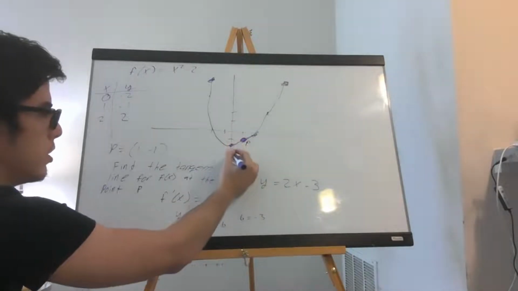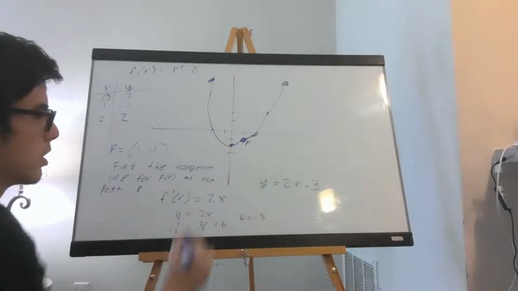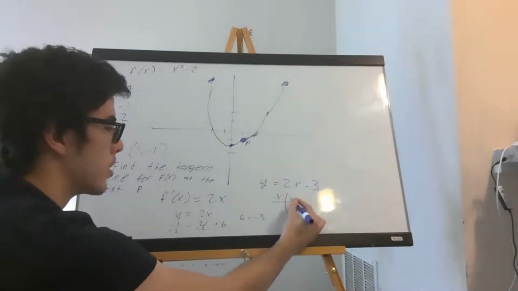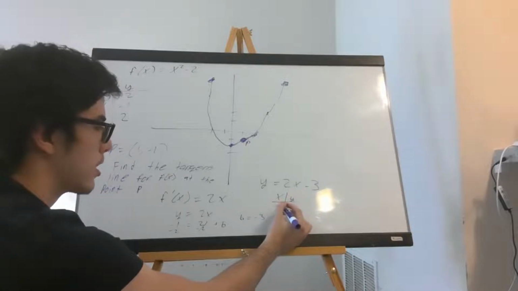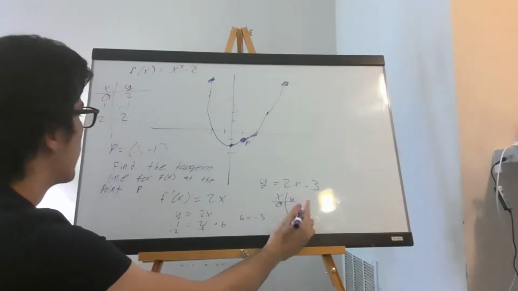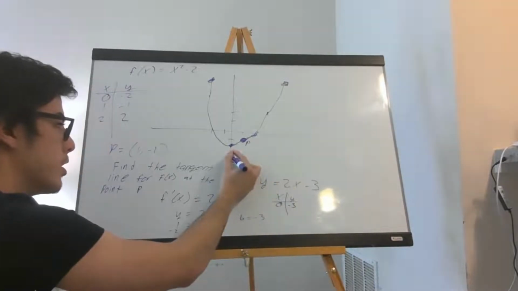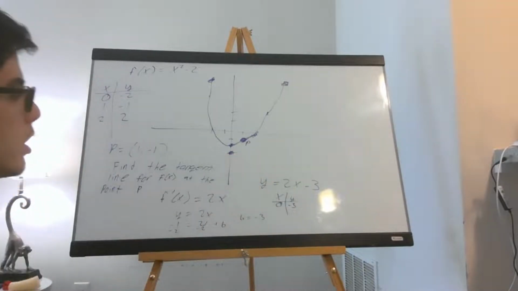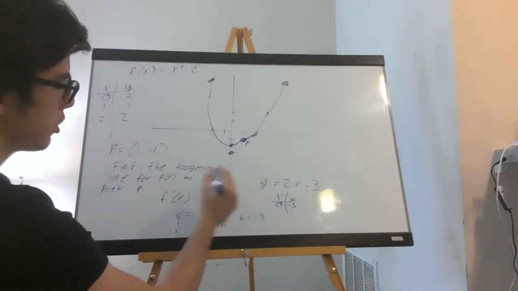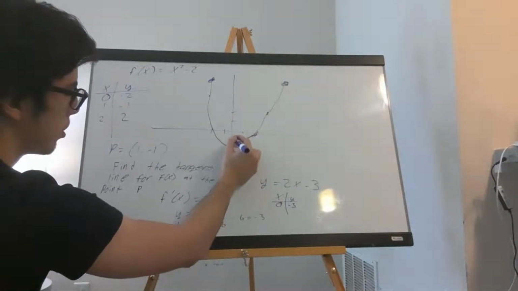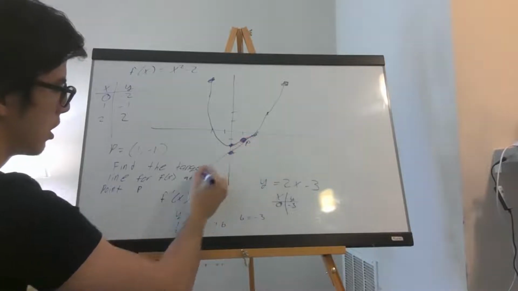So if we do our x and y tables, we'll know that our y-intercept is going to be -3. So this is that. And then our slope is going to be 2, so up 2 over 1.